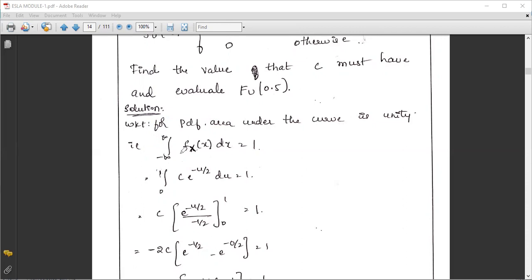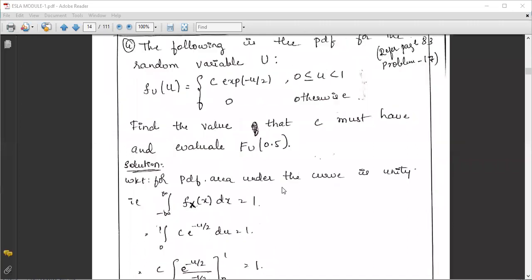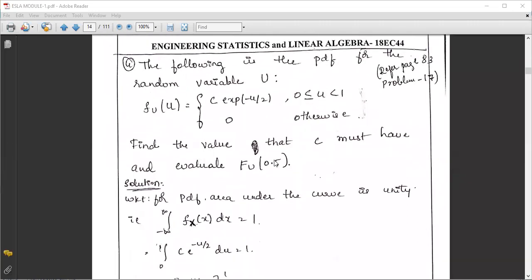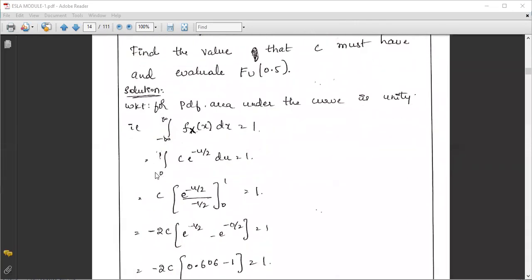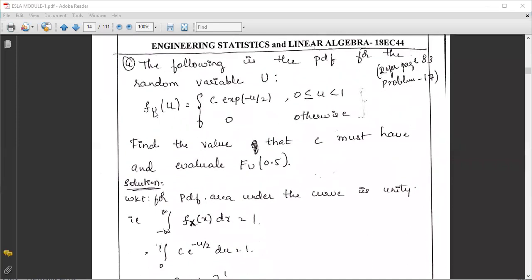Here, what are the limits? 0 to 1. We integrate from 0 to 1, c times f_X(x). Here the random variable is u, so we replace x by u.